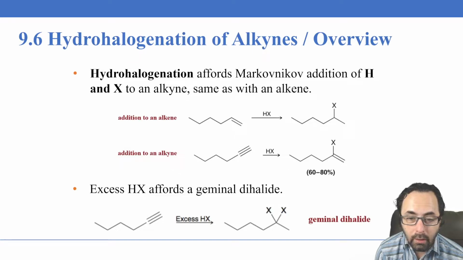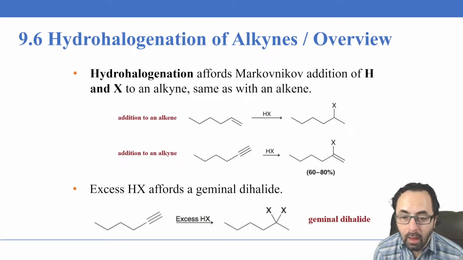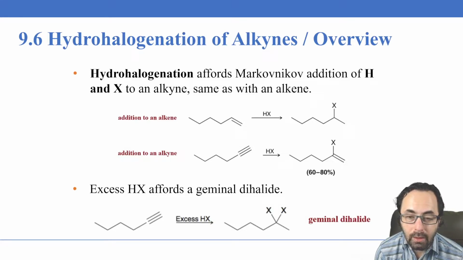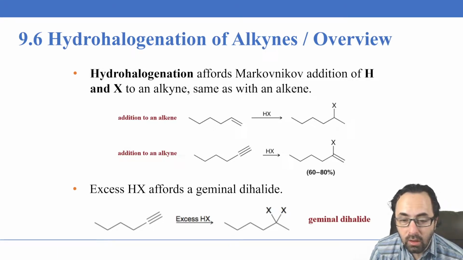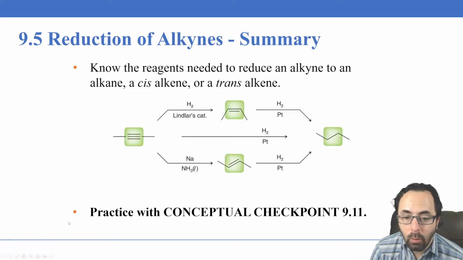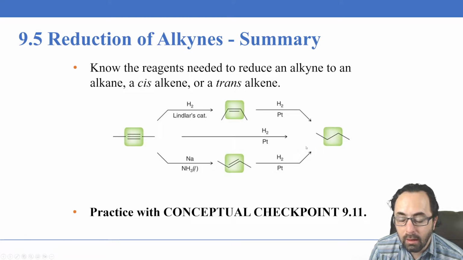But if we're hydrogenating an alkyne, if we use a poison catalyst or a dissolved sodium reduction, we can stop and hydrogenate once and make an alkene. Or if we use hydrogen with a platinum catalyst, we can hydrogenate all the way from an alkyne to an alkane.